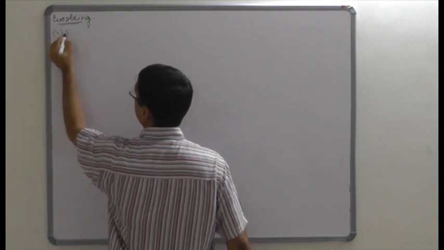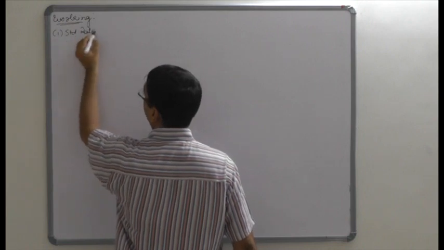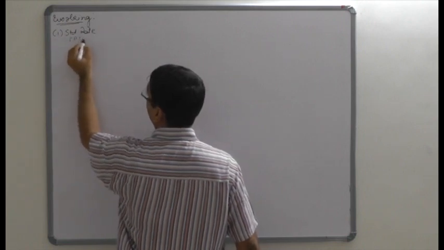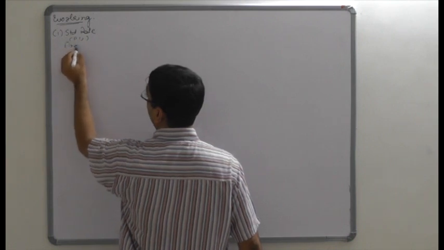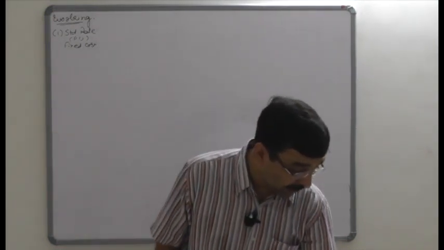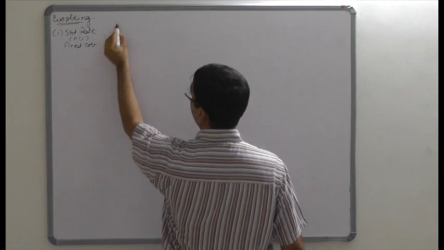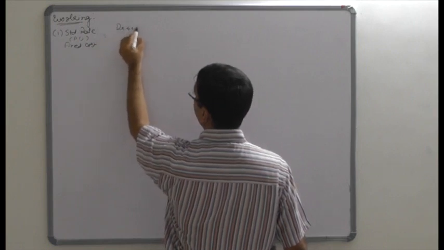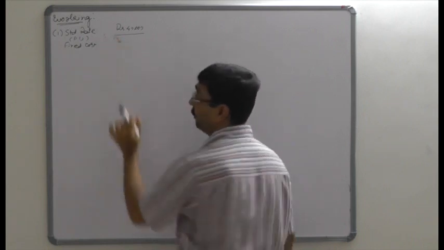First is standard rate per unit, that is for fixed, the standard rate for the fixed cost. See the question, the total fixed overheads is given as 40,000. So rupees 40,000, your fixed overheads, divided by your standard units.